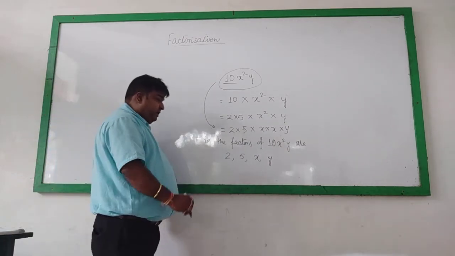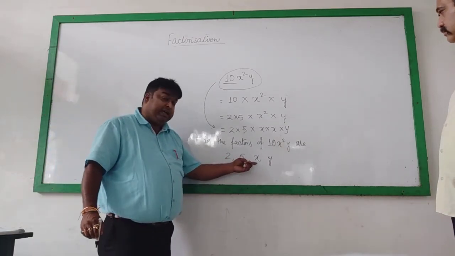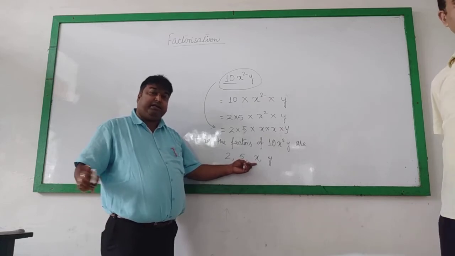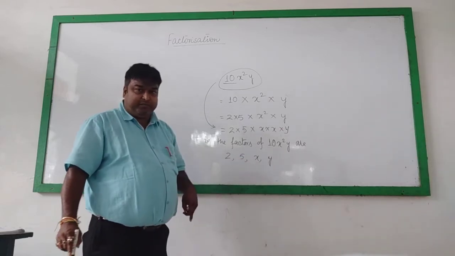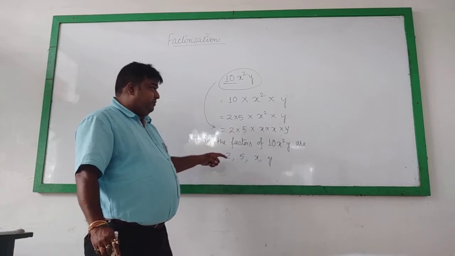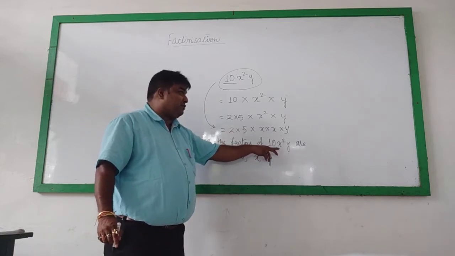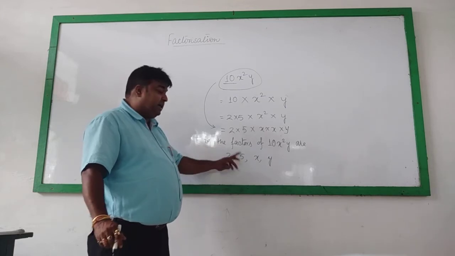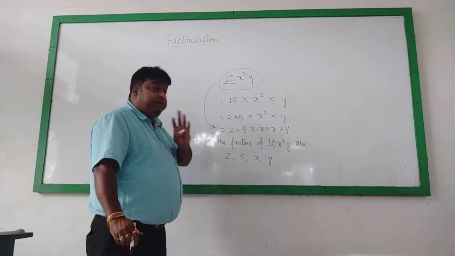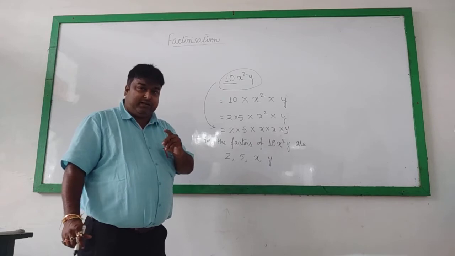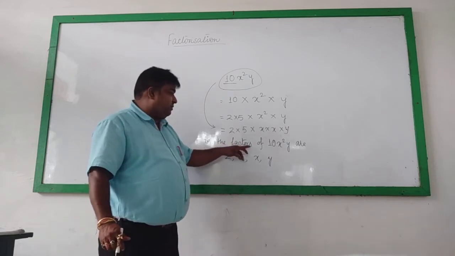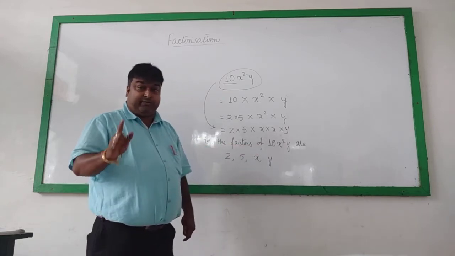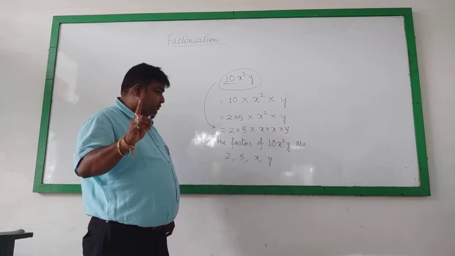Now I have written x one time, but in your book it is written two times. When we are telling about the factors of 10x square y, that's why I have written one time. So individually, if it is asked what are the factors of 10x square y, listen carefully.